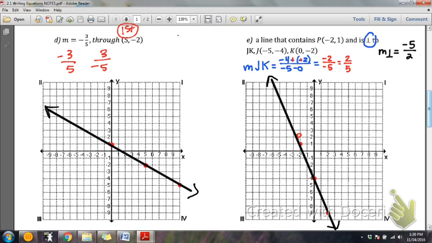Okay, I'm going to use my blue marker. I want you to put the other 2 points. Put J and K on your graph. Label them J and K. Graph those 2 points, -5, -4, 0, -2.